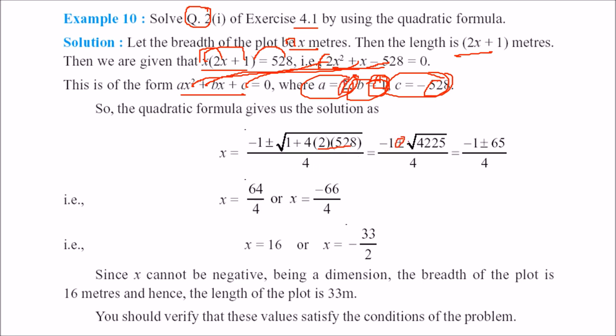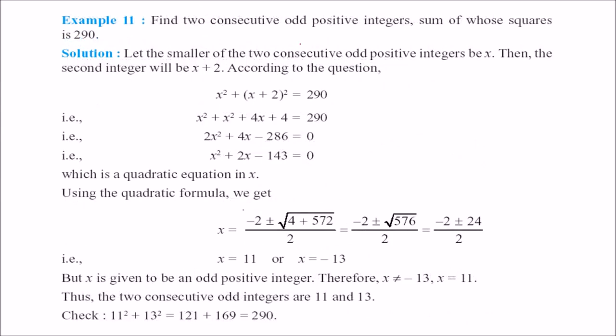One time you take plus, one time minus, because 4225 is the square of 65. One time you get 64 by 4, that is 16. Another time you get a negative value, which we of course are not going to take because the dimension cannot be negative. One more question, let us solve it.